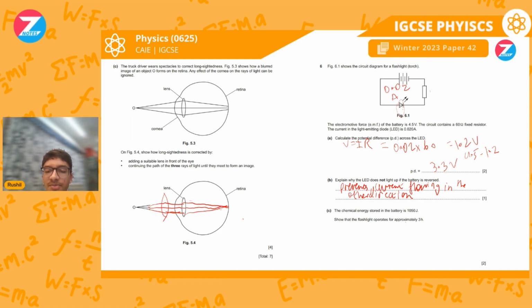Show that the flashlight operates for approximately 3 hours. So we know the formula that energy is equal to IVT. So hence here, since we need to show a time, we can rearrange this formula, saying that time is equal to energy divided by current times voltage, which is 1050 joules divided by 0.02 ampere times voltage of 4.5 volts.